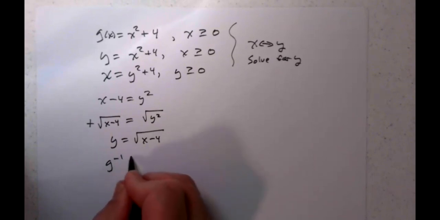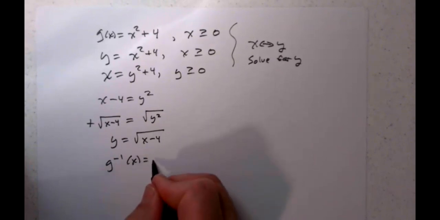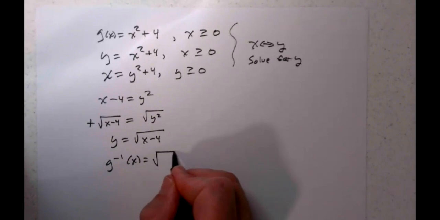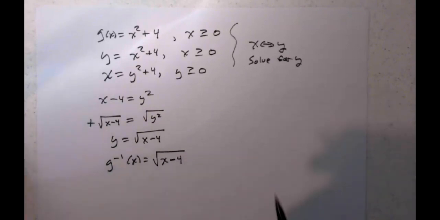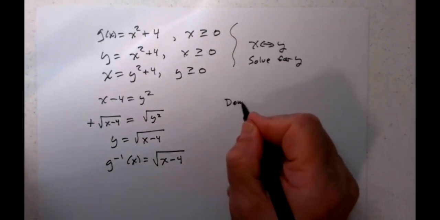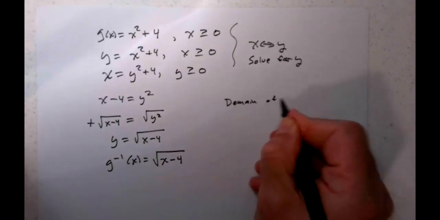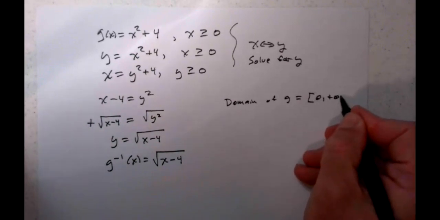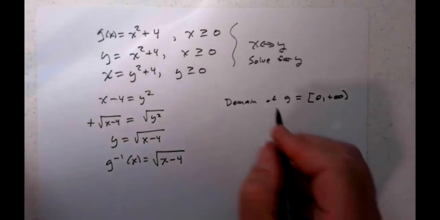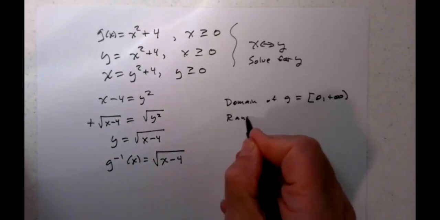That is g inverse of x is the square root of x minus 4. Now remember from our previous page, the domain of g was from 0 to infinity. The range of g was from 4 to infinity.